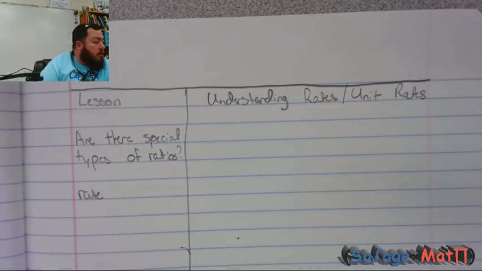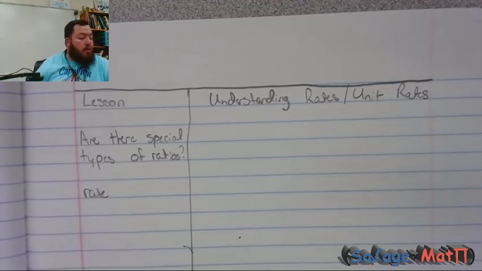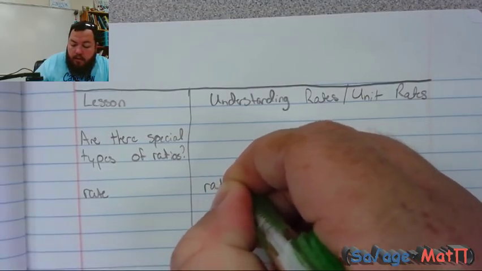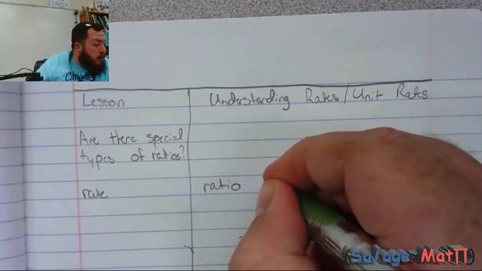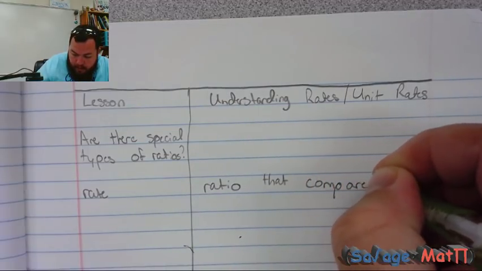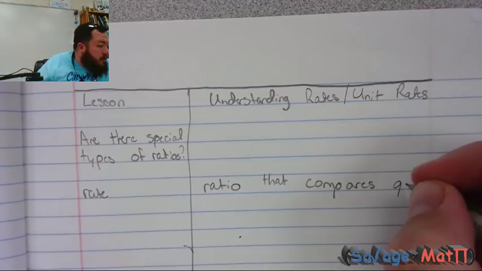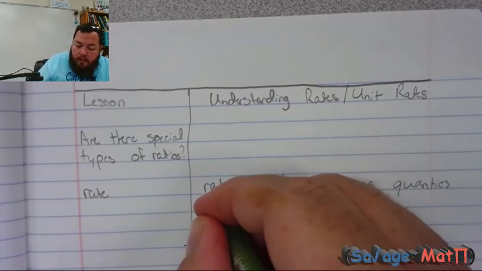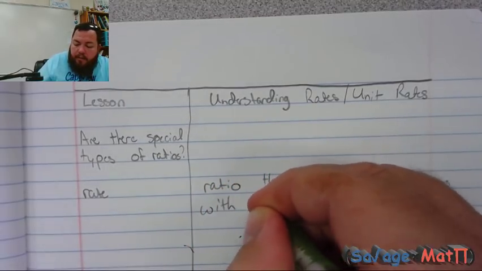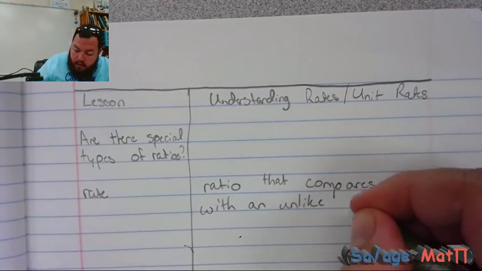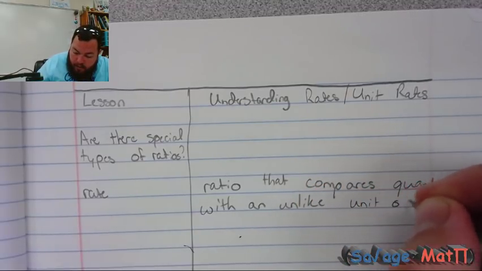So a rate is a ratio that compares quantities with an unlike unit of measurement.